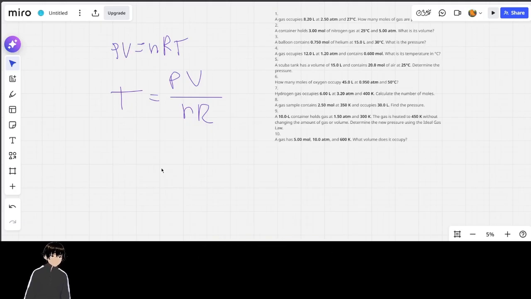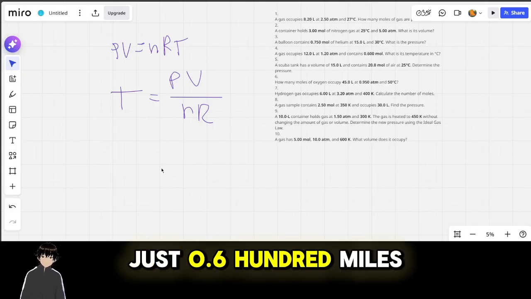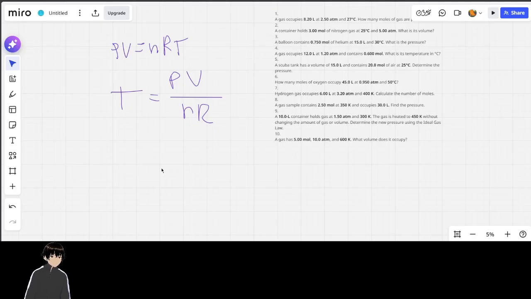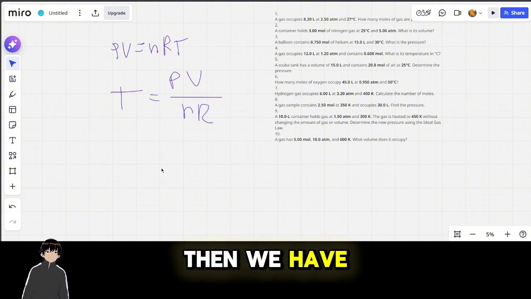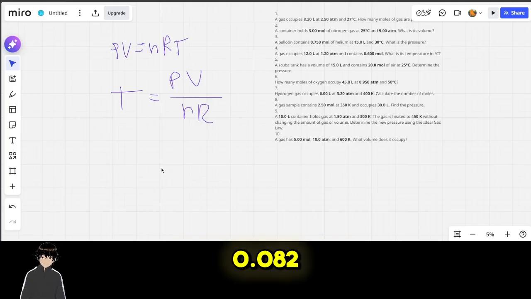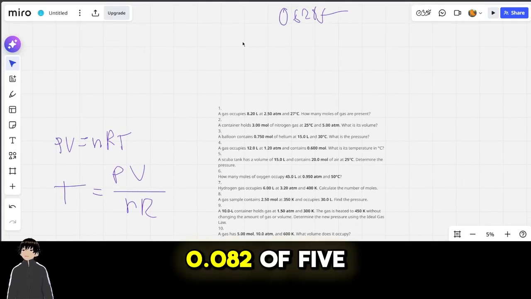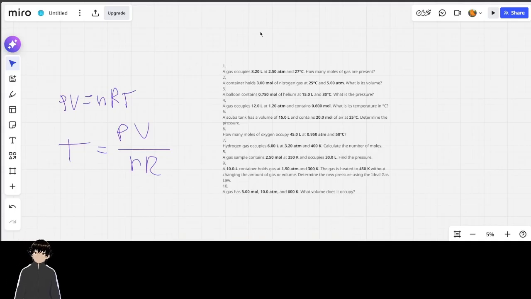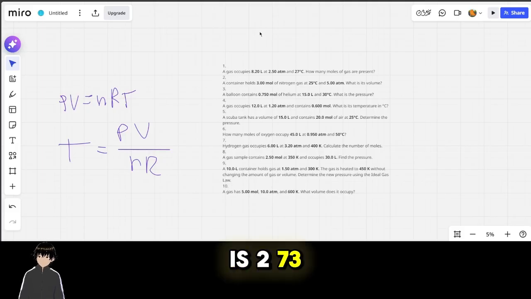And nR is 0.600 moles times R, which is 0.08205, then 273.15.